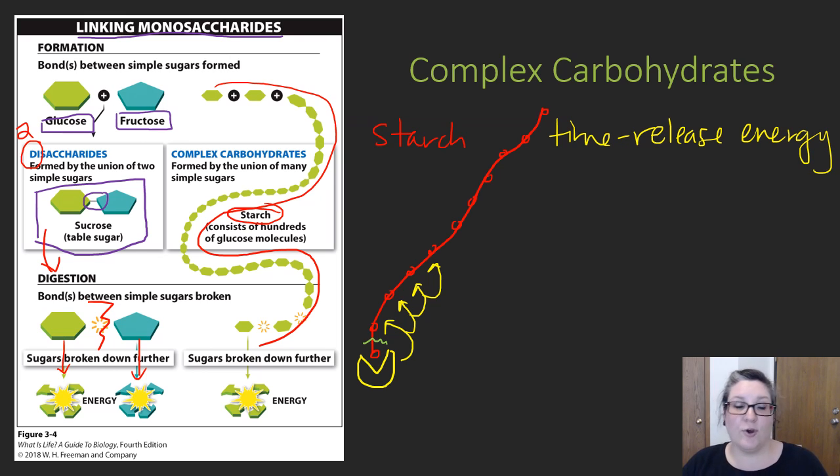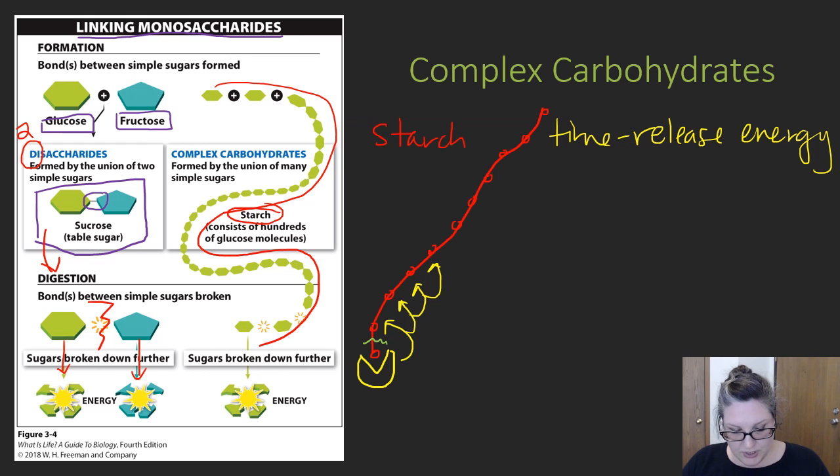You've probably heard of carbo loading, which is when people eat a lot of pasta before they run a marathon or go on a long bike ride. That's because they're building up those starch stores so that they can be broken down over time over their long run or ride or whatever strenuous thing they're doing.